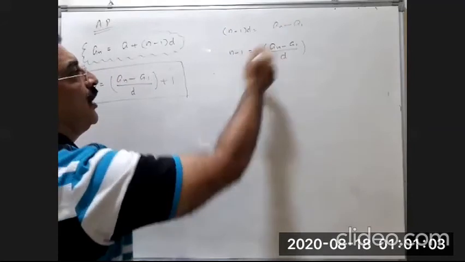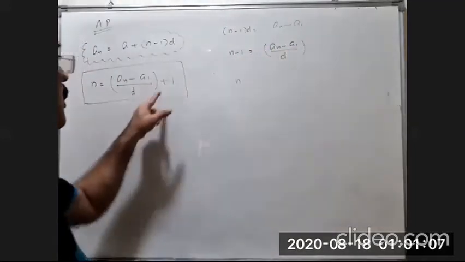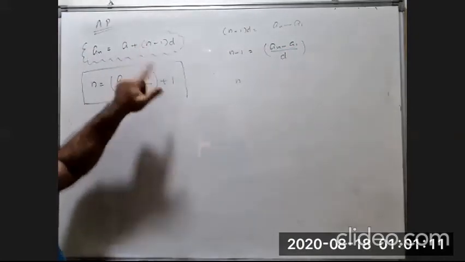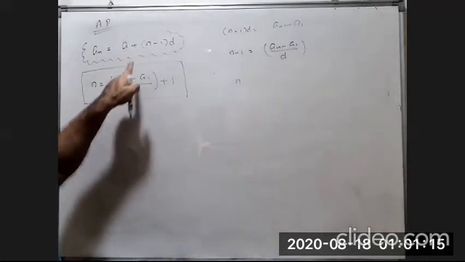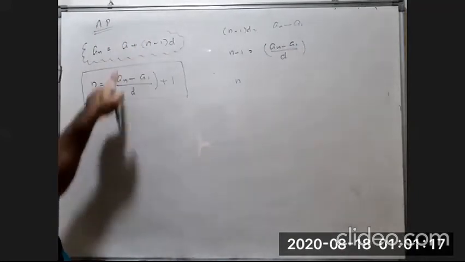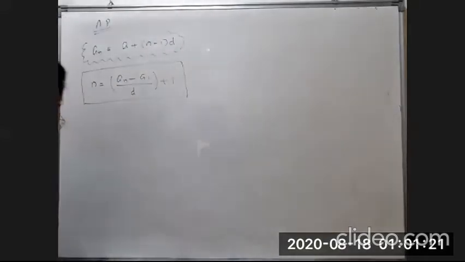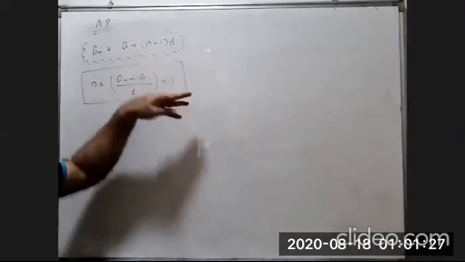If you take minus 1 to the other side, n is equal to An minus A1 by d, plus 1. So actually this formula is derived from this one. Even if you substitute in this formula, we get the value of n, the number of terms, but we can use this directly. So to find the number of terms, we can use this formula directly, or this is no problem.